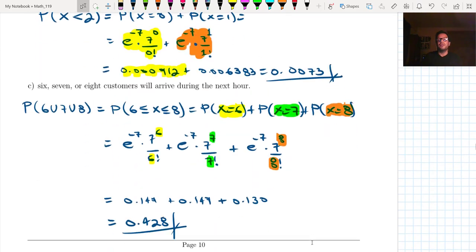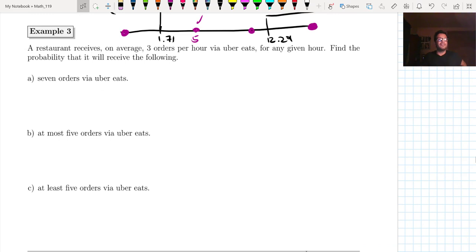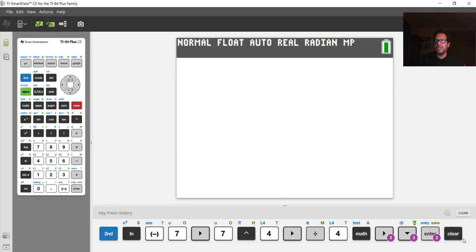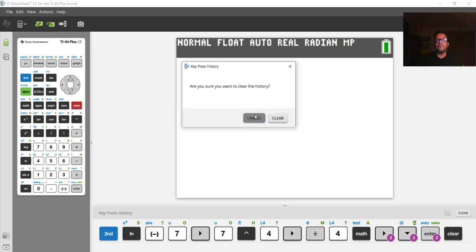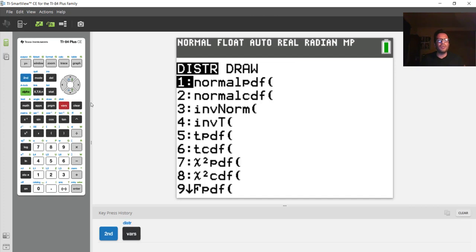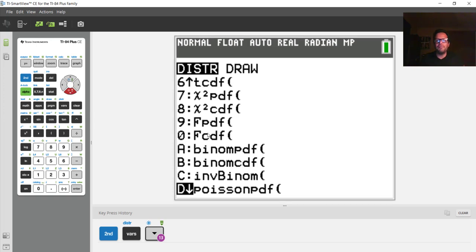So what are we going to do on the graphing calculator here? Seven orders via Uber Eats. Let me show you how to do it. Let me clear the screen and the history. We're going to press second, distribution, go down until you get Poisson PDF, and click enter.